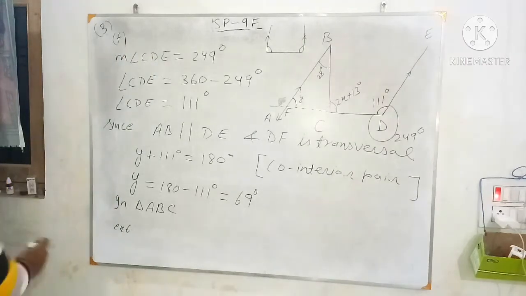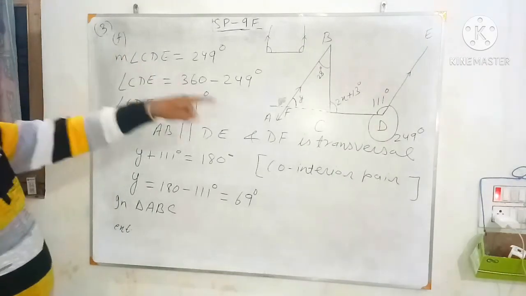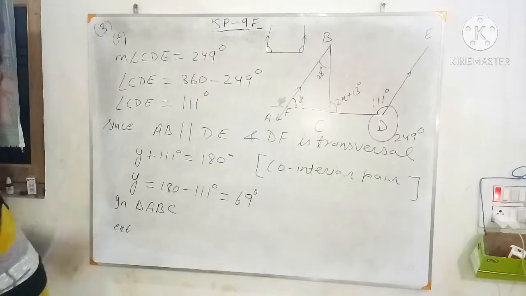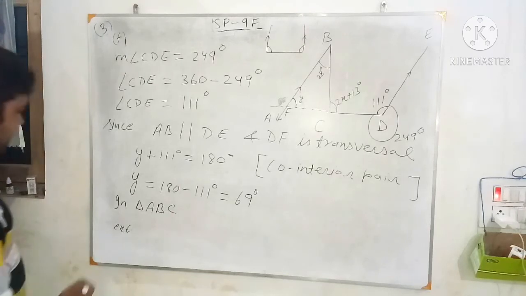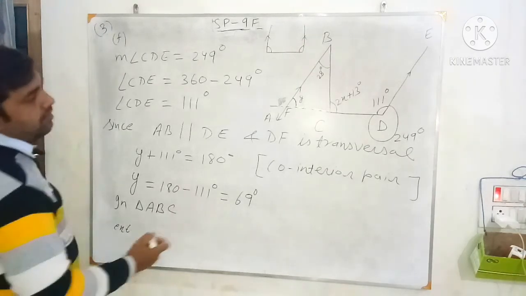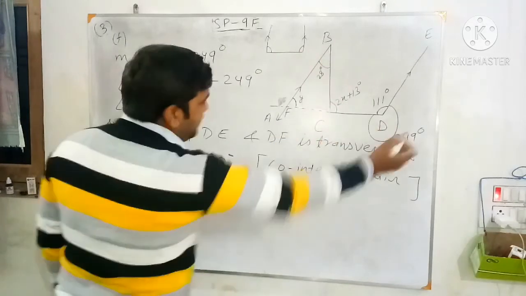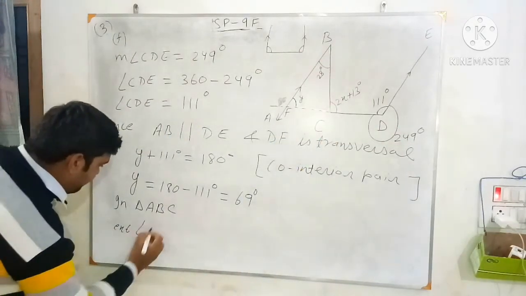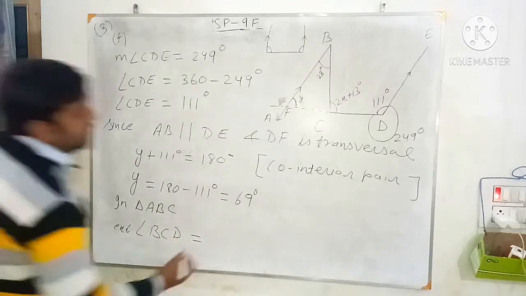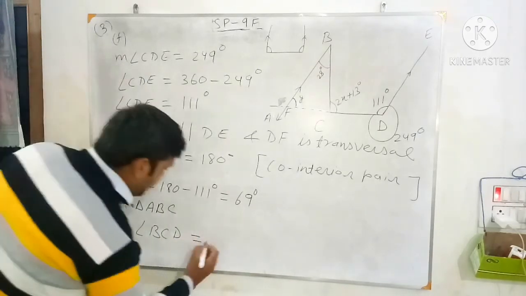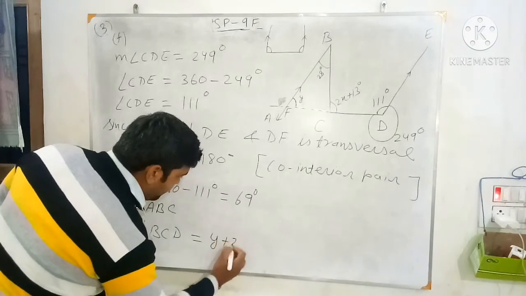So the major angle CDE, and this is the minor angle. So here the exterior angle BCD is equals to the sum of the interior opposite angles, that is y plus 28 degree.